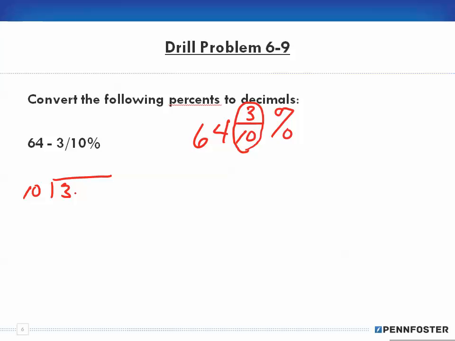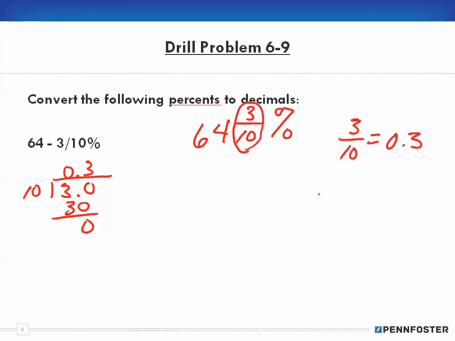Okay. We add the 0. 10 into 3, 0 can't go in, 10 into 30 is 3, so that's 30, ends up with 0, so we end up with 0.3. That's what this 3/10 is equal to, 0.3 as a decimal.